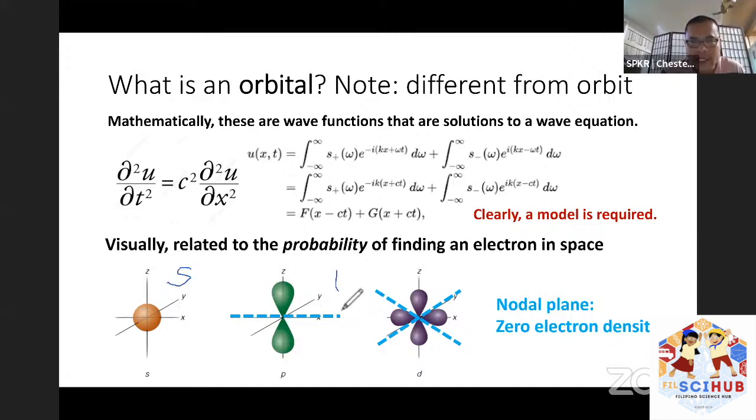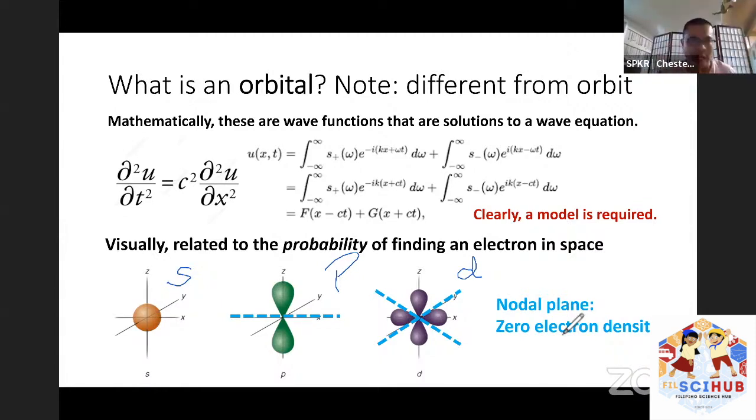Yung nasa gitna is your P orbital. And then yung pangatlo is your D orbital. May pang-apat, that is the F orbital, but usually sa Gen Chem hindi na gaano dinidiscuss yung F orbital.